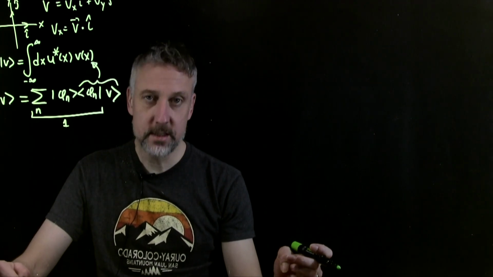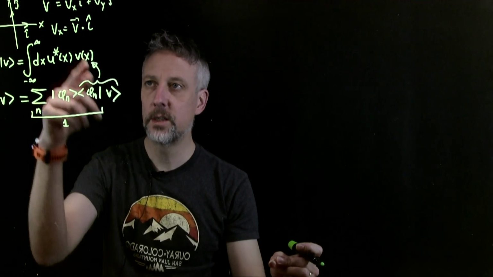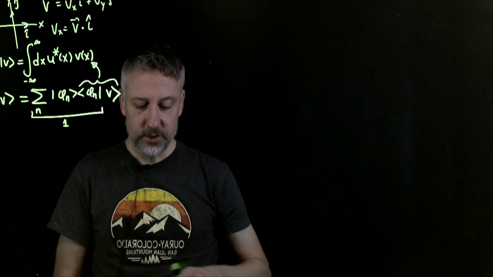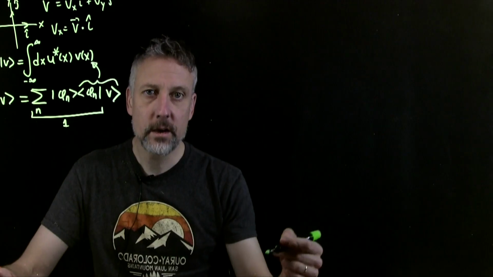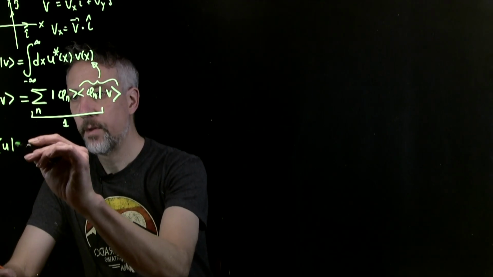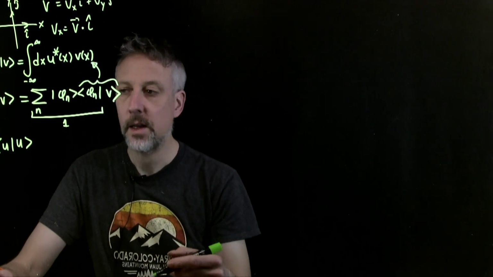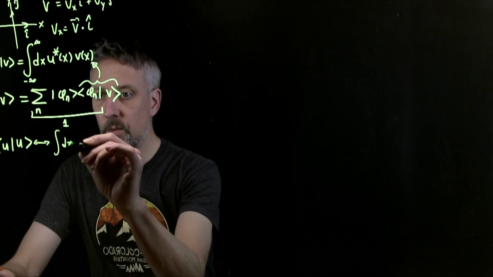All right, so the point is this is not an analogy, this idea that we have functions and vectors. It really is the same thing. So just as I have a length of a vector in a vector space, which I would define as the norm or the scalar product of the vector with itself, this corresponds to that normalization condition.